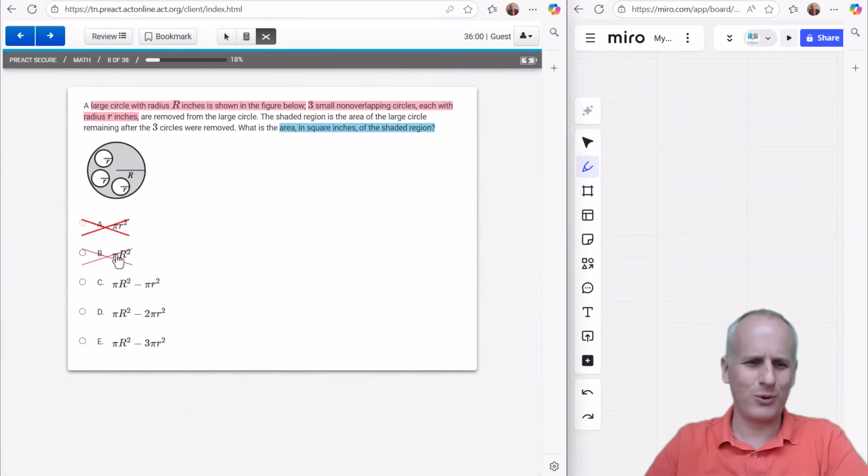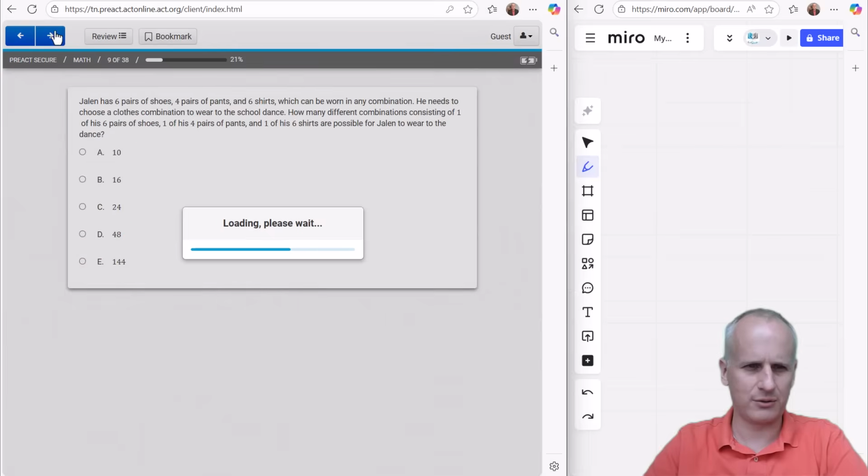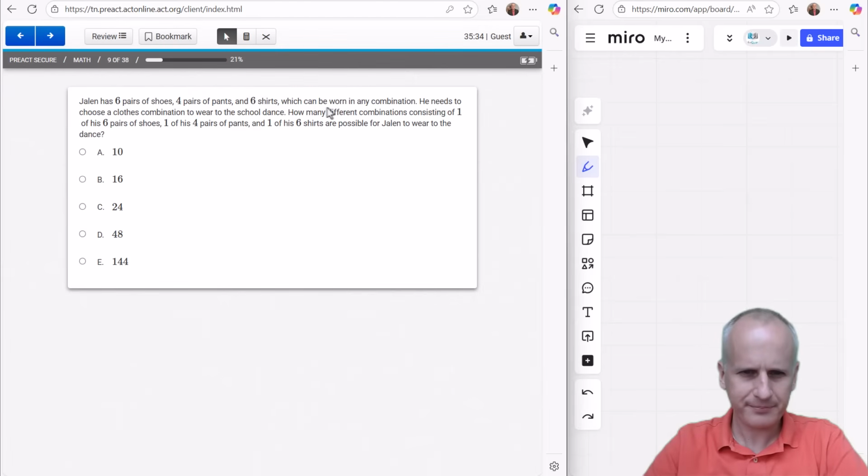Then choice B, we're not subtracting anything out, so we need to subtract out these 3 circles of radius r. So we don't want to subtract out just 1. We don't want to subtract out just 2. We're going to have to subtract out all 3. And again, this is more theoretical math than fully calculating. There's no need to model. Hopefully, there's no need to actually solve for anything. You just understand how you theoretically would get to the correct answer. And we move on to the next problem.